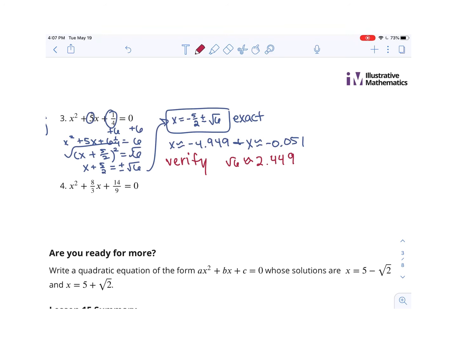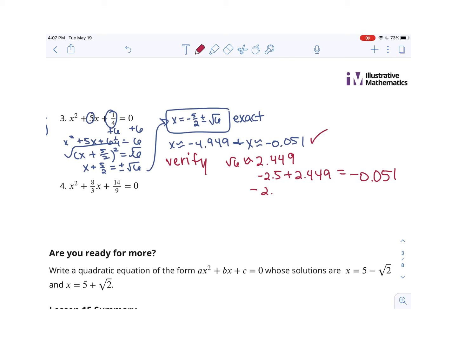And so if I do negative 2.5 plus 2.449, I'm going to get negative 0.051, which matches that solution.